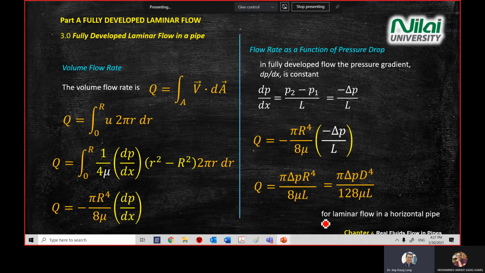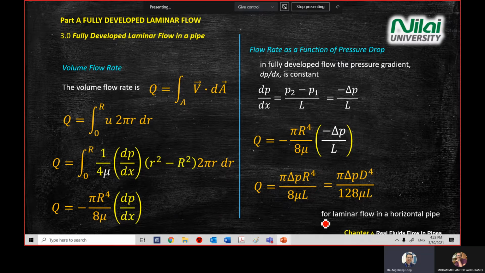Okay. So again, when you see the word laminar, it means that you need to recall the Reynolds magic number, the 2300. The number must be lower than 2300, then this equation can be used.